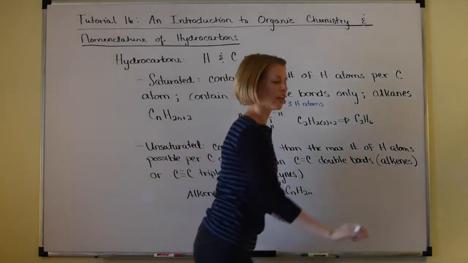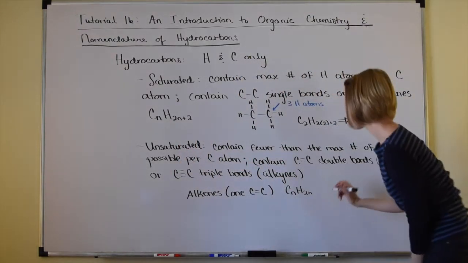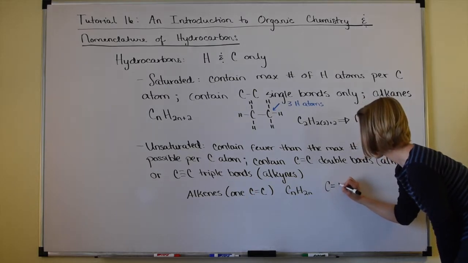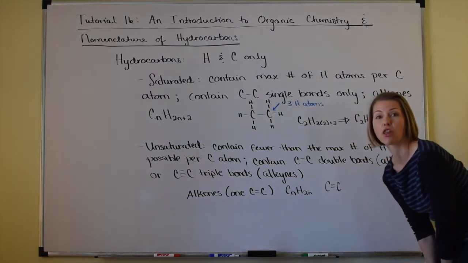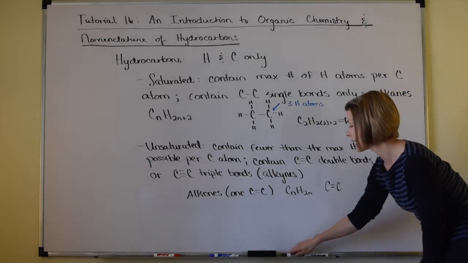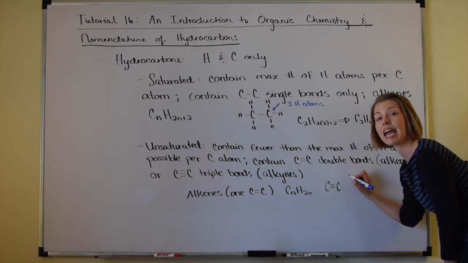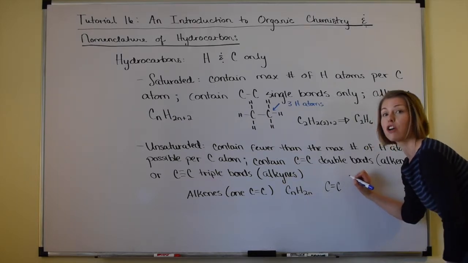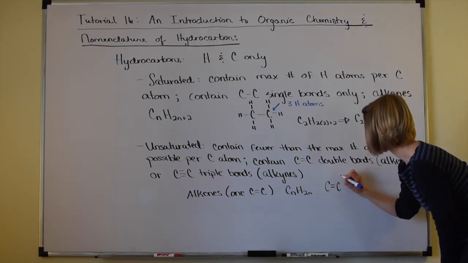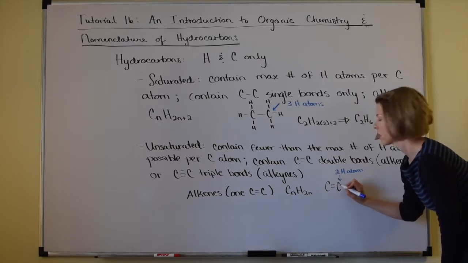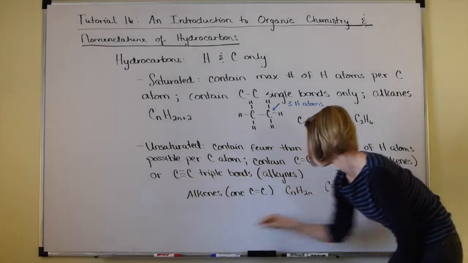So let's take a look at an example, and again, let's just use the 2 carbon example, but now we have a double bond between those 2 carbons. Well, how many hydrogens can we have? How many hydrogens is it going to take to achieve octet for these carbons? Well, we can probably see already that it's going to take 2 hydrogen atoms to achieve octet. Same thing over here.